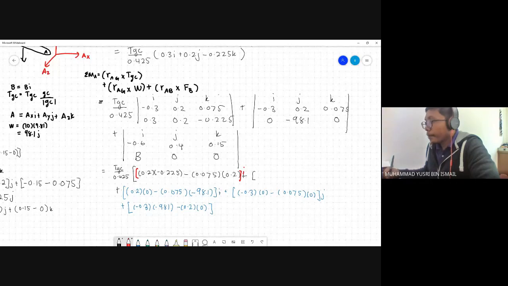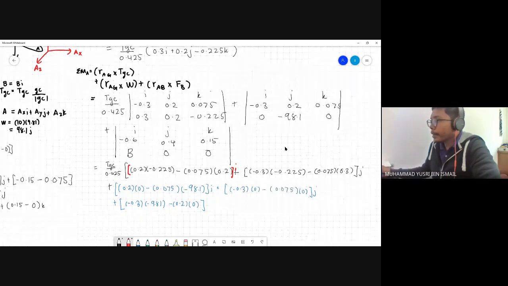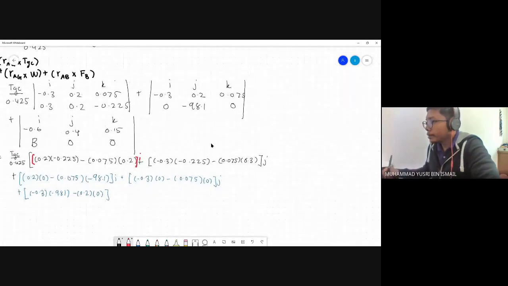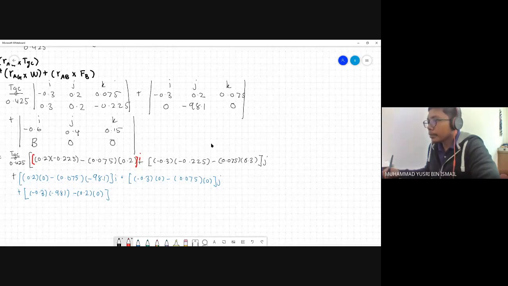For J, negative 0.3 times with negative 0.225 minus with this is J. Then for K, for J, always remember this negative.